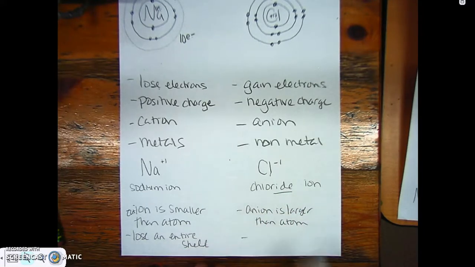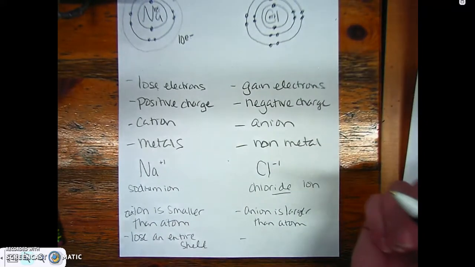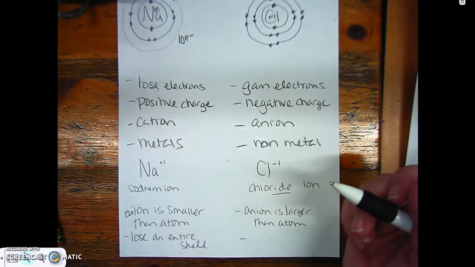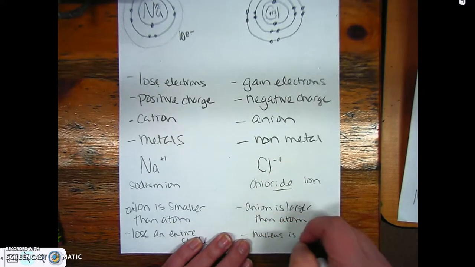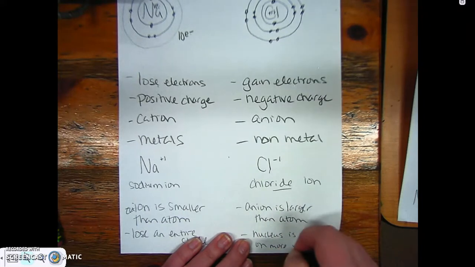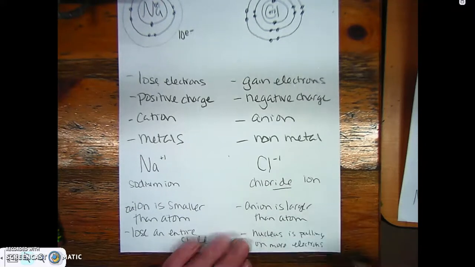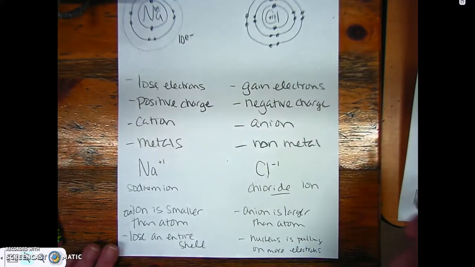And it's because now the nucleus has to pull on more electrons. It's not because it has more shells or anything. It's just the nucleus is pulling on more electrons, which makes its overall pull on each one a little bit weaker. So it just can't hold on as tight. So it expands just a little bit, right?